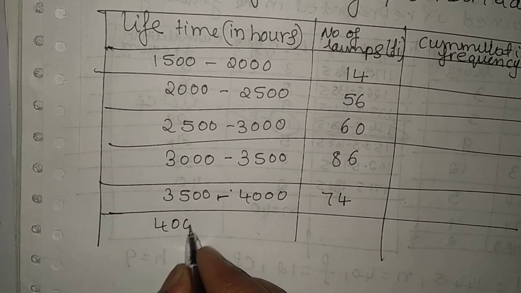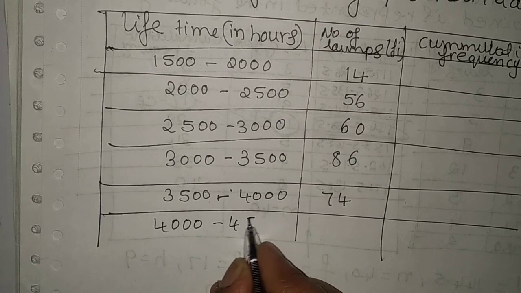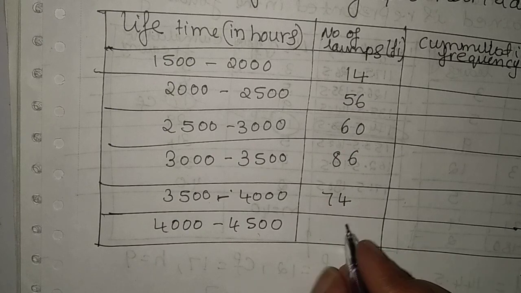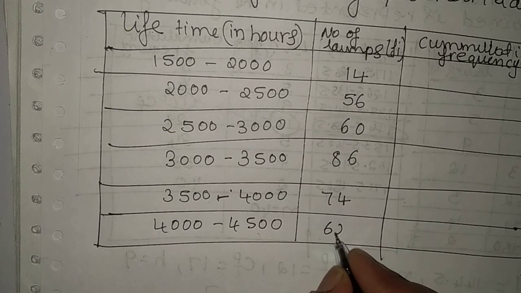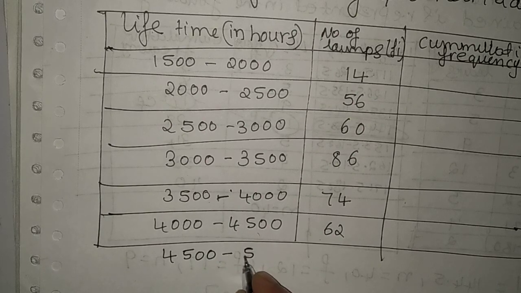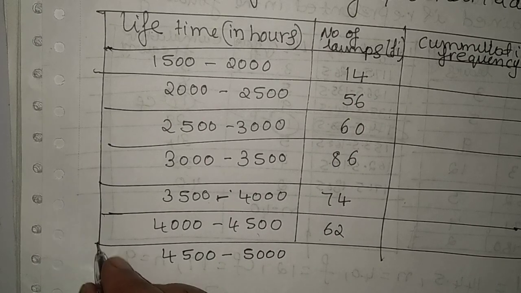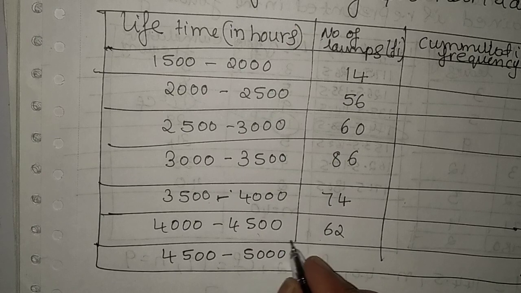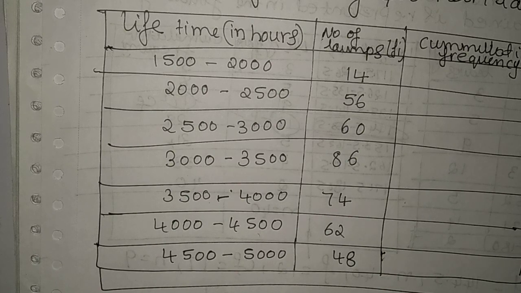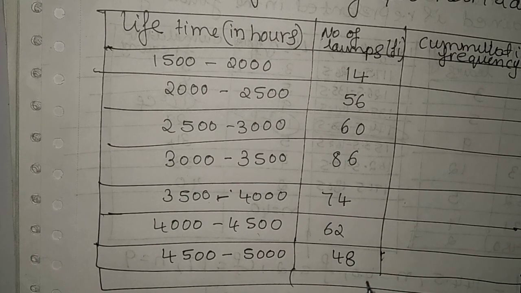Then 4,000 to 4,500 is 62, then 4,500 to 5,000 is 48.